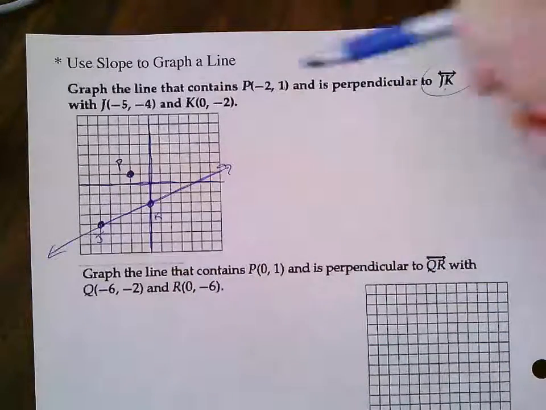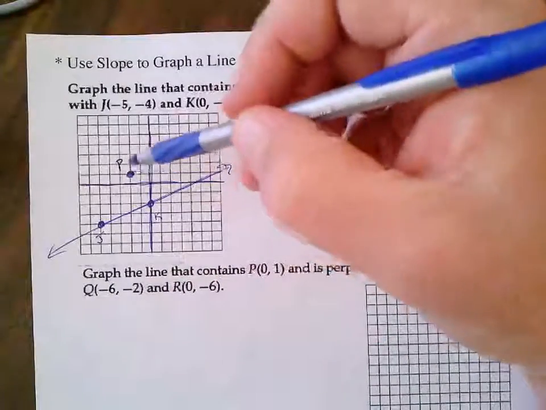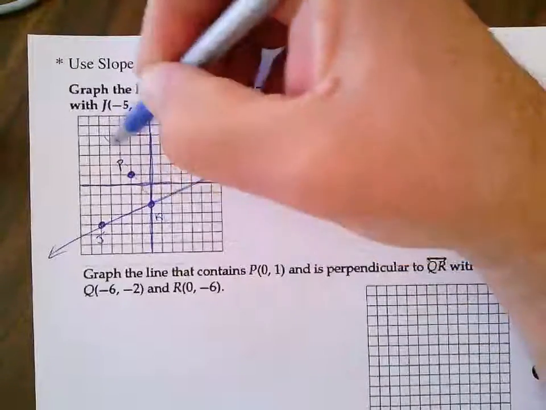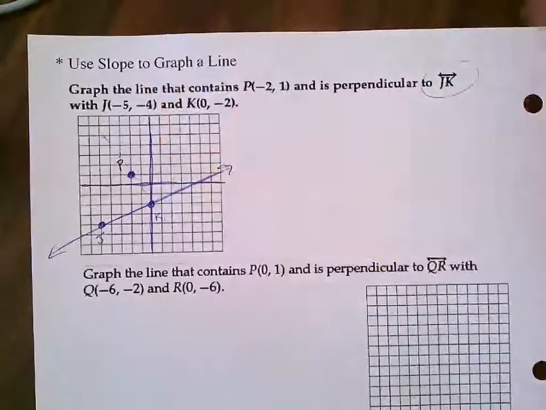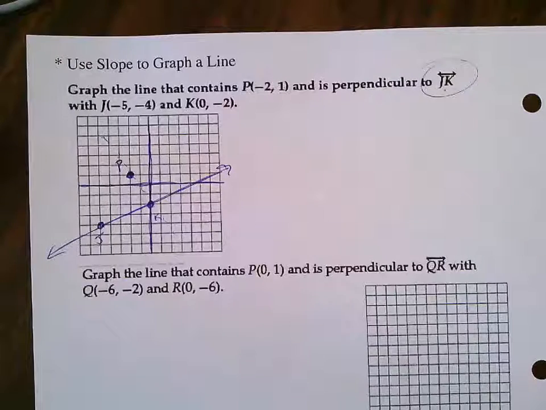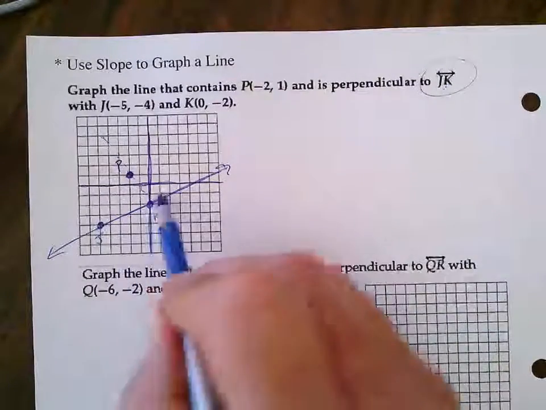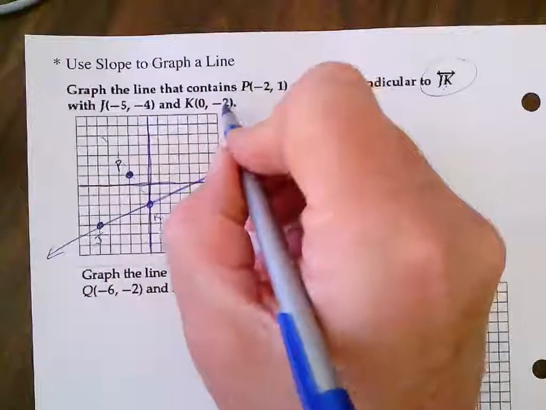So what I want to do is come up with a line that contains this point and is perpendicular. So this line is going to go through here. To do that, I'm going to have to find some negative reciprocal slopes. So first of all, let's take JK. I have coordinates. Can I find its slope? Sure.